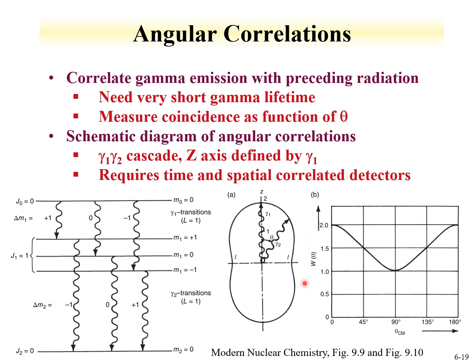This W of theta, which I would get from the previous equation, as a function of angle. So I'd be able to use this correlation to determine the multipolarity of the state of the gamma decay. This requires a cascade, and the z-axis would be defined by the first gamma emission.